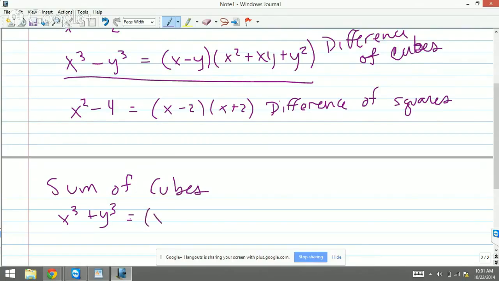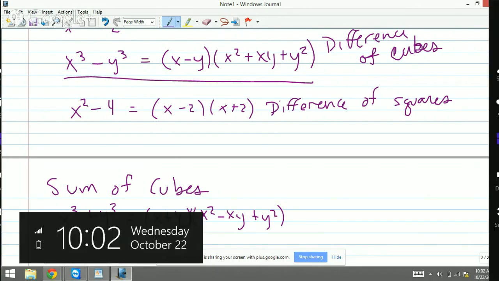So it's x plus y, x squared minus xy plus y squared. That's the only difference. So plus starts with plus, right? Sum starts with plus. Difference starts with the difference. That's kind of how I remember it. Y squared. Okay, if you want to be that particular, you bet. So they're very similar.